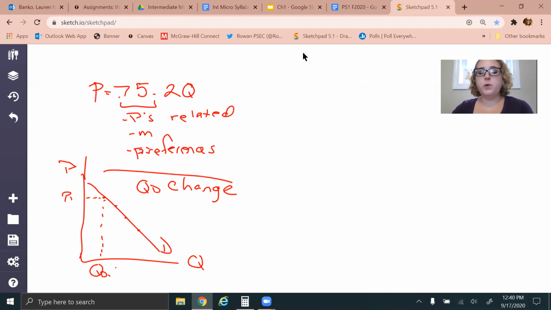So when we're changing quantity demanded, we're moving on the same demand curve. We're not shifting demand up or down. And that comes from just a price change. So maybe the price goes down here, and if it does, we go to a different point on the demand curve, and that gives us a different quantity. So here it follows the law of demand.